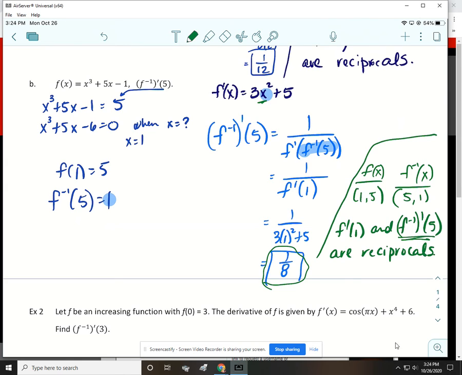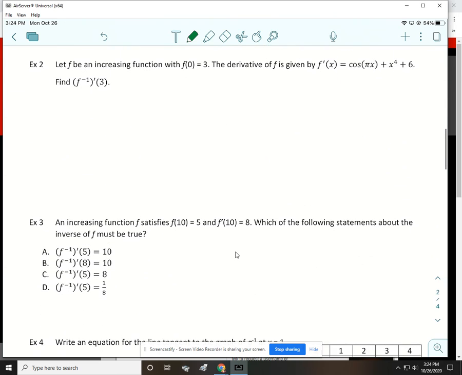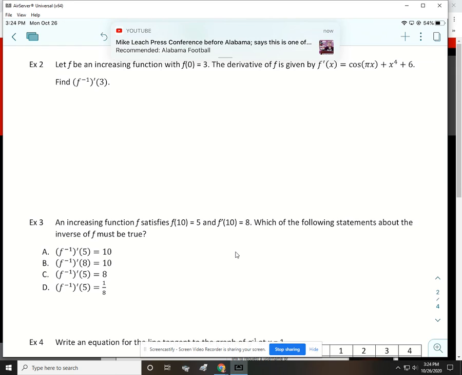Okay, now sometimes you'll be given information in a different way. Sometimes you'll be given it in a table, or you'll be given just different pieces of it, like on example 2. So we know that f is an increasing function, and we know that f of 0 is 3.